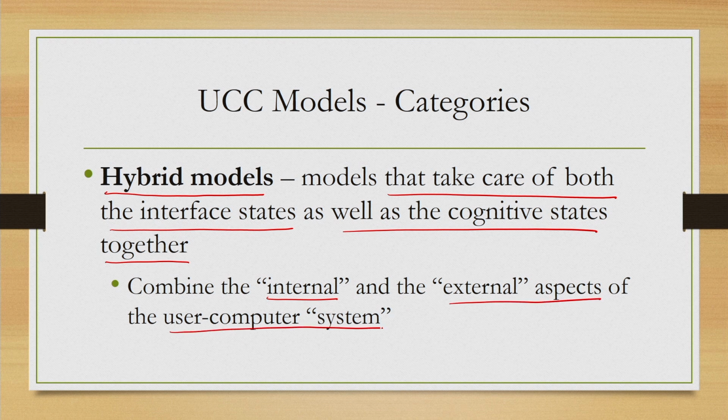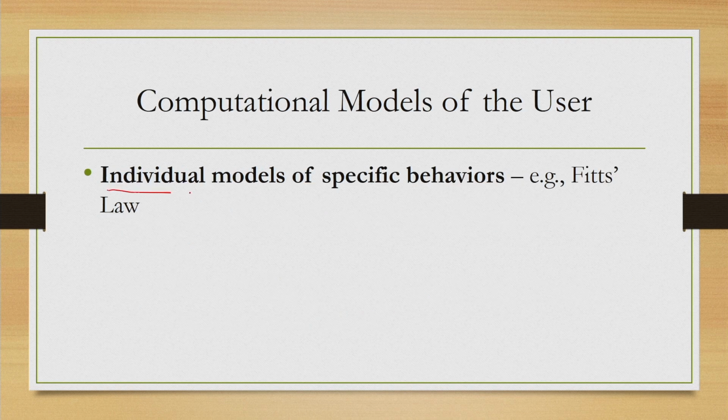Now, under computational models of the user, there are further subdivisions. So, we can have many such types of user models. One category is individual models of specific users' behavior. These individual models of specific user behavior essentially model the behavior of specific activities. For example, Fitts law models the movement of our hand or finger.